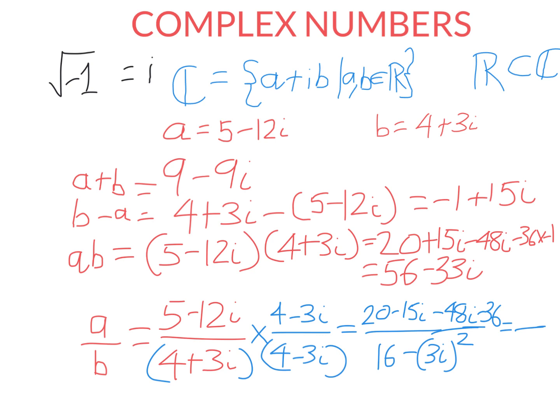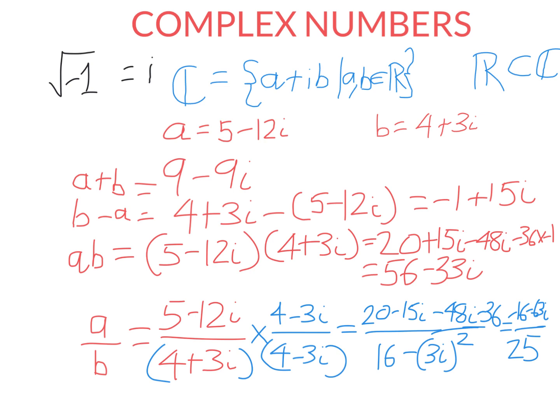So on top, we have 20 minus 36 is negative 16. We have negative 15i minus 48i is negative 63i, so that goes on top. Now on the bottom, note that 3i squared is 9 times minus 1. This becomes 16 minus negative 9, which is 25. And you can see it's got a real denominator, and that's our final answer there.